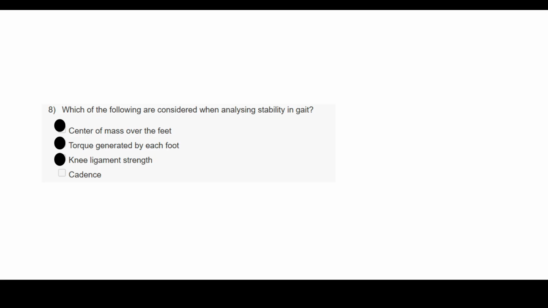If you remember, one of the points was that there needs to be local stability for there to be overall stability in a human's body. Okay, so the answers are center of mass over the feet, torque generated by each foot, which should cancel out each other, and knee ligament strength.